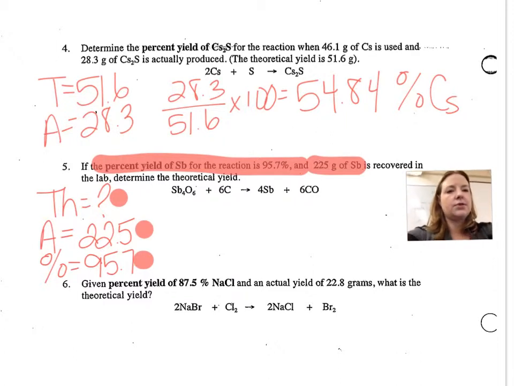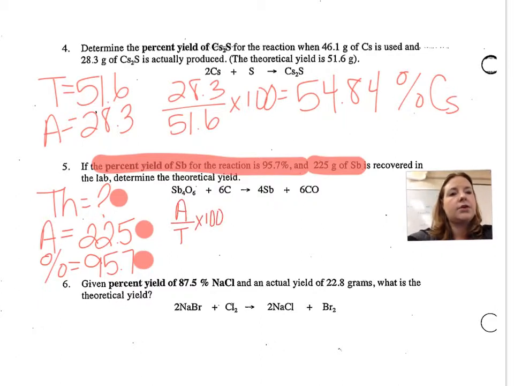The first thing I'm going to do is take that 95.7 and return it to a decimal. So remember that when we calculate this, it's actual over theoretical times 100, and that's going to equal your percentage. So I'm going to plug those numbers into this equation.